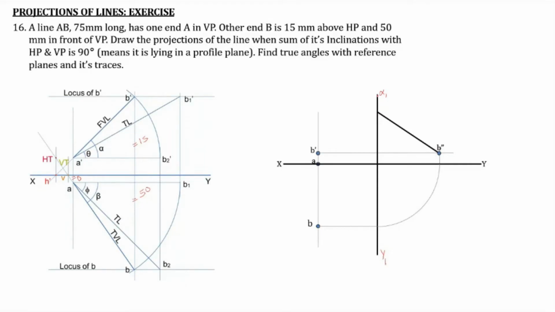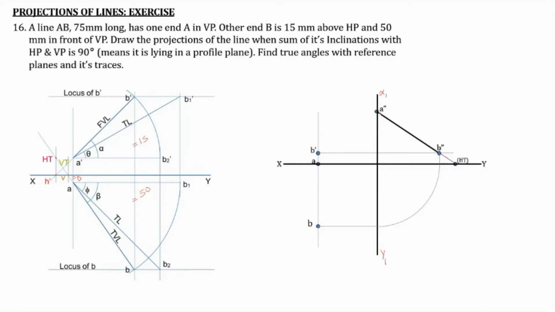In the side view, the x1 y1 line represents the VP. So on that line we draw an arc, and the point of intersection of the arc with x1 y1 is A double dash, that is the side view of A.